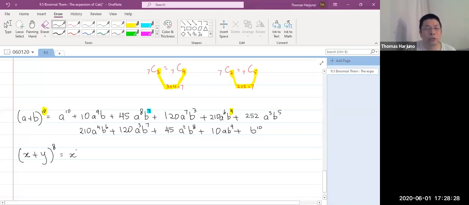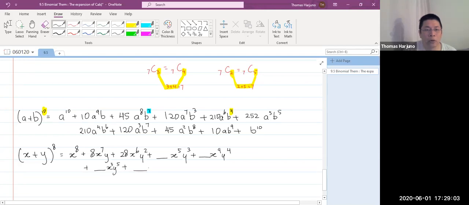And this will be x to the 8 plus 8x to the 7y plus, I think 8 and 4, 7, 28 x to the 6y squared plus, I don't know, x to the 5th y cubed plus x to the 4th y to the 4th plus x cubed y to the 5th plus x squared y to the 6th plus x y to the 7 plus y to the 8.